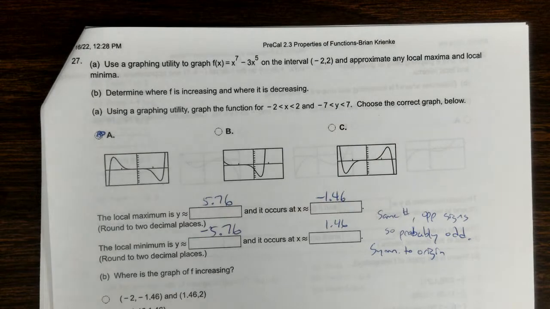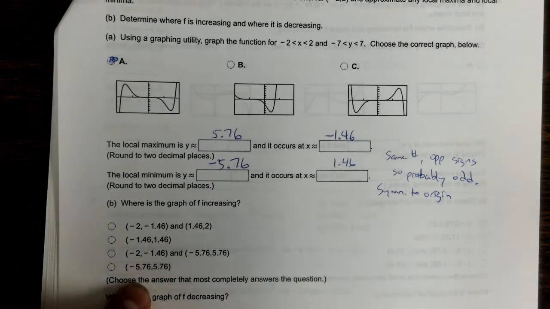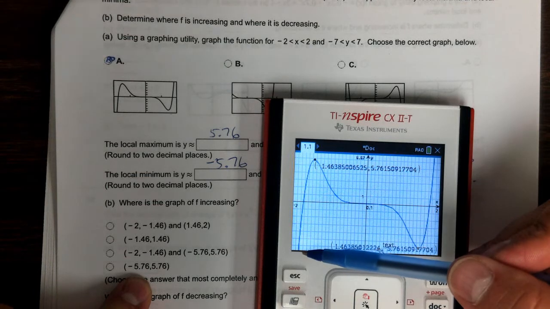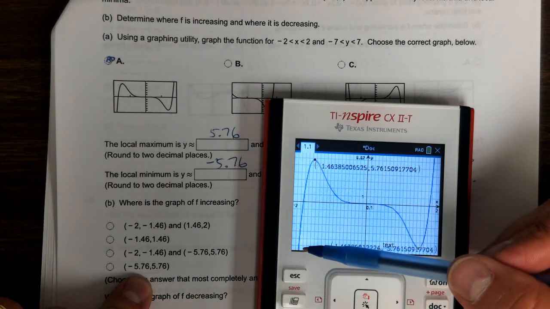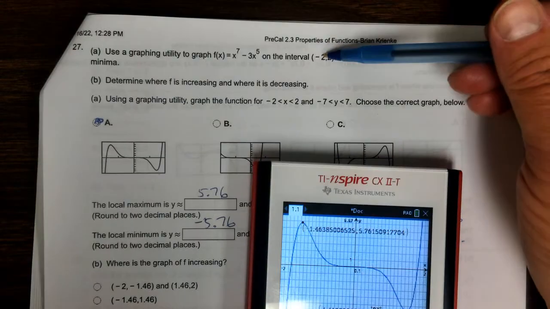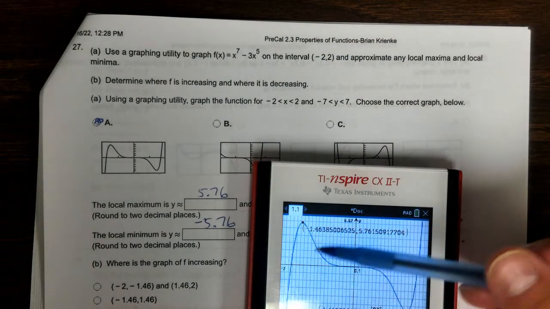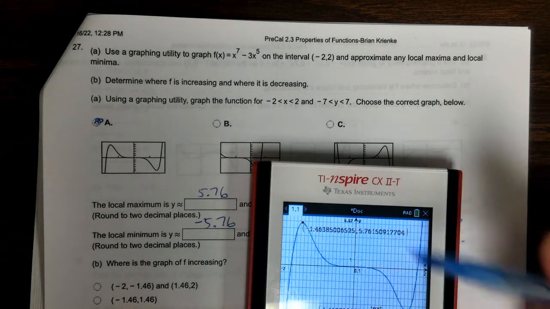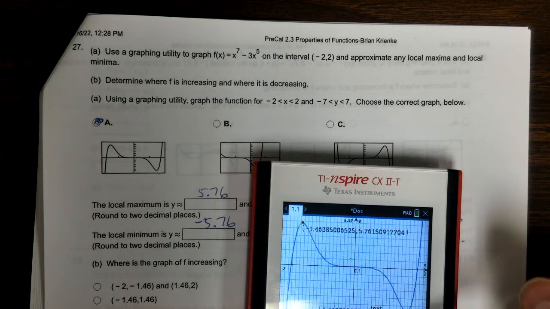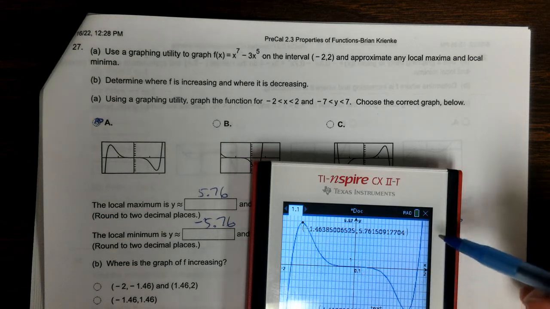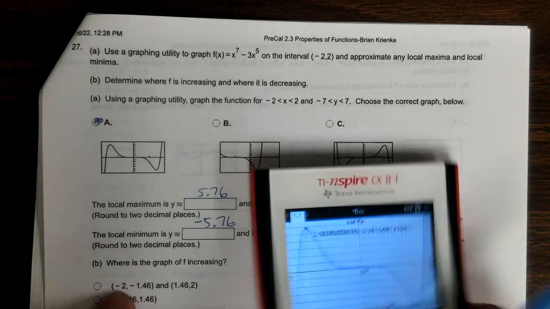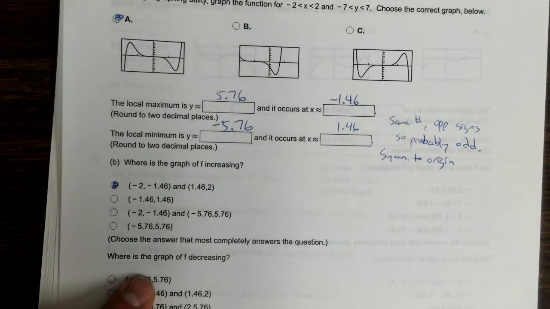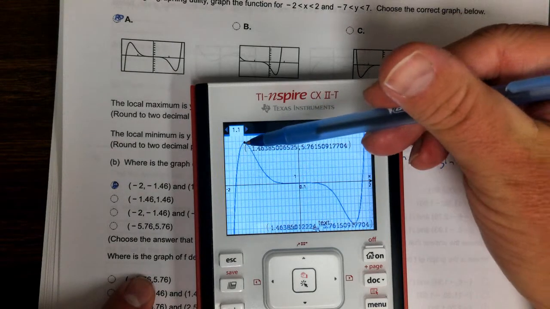Okay, where is it increasing? It's increasing from the start, which you can't say negative infinity because it starts at -2. So from -2 to -1.46, that's one of them. And then from +1.46 to 2. And then it's decreasing here to here.